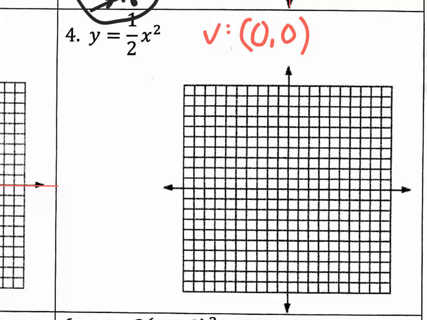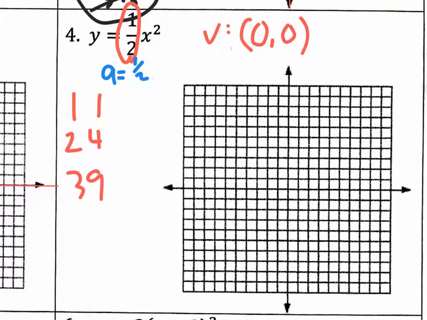So now what we're going to do is use the pattern, but notice that the a value is 1/2. Now we know that the a value of 1 gives you the pattern 1, 1, 2, 4, 3, 9. But because the a value is 1/2, that's going to modify your second numbers on your pattern. So it'd be like multiplying by half. What's 1 times half?